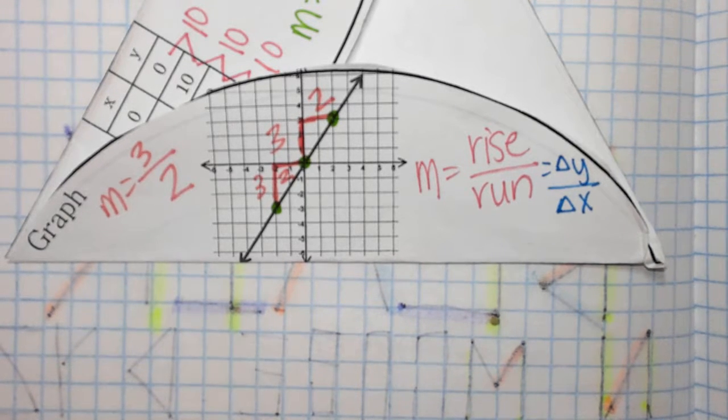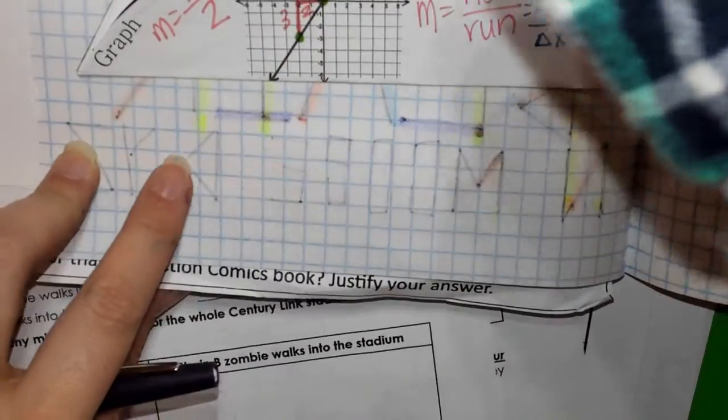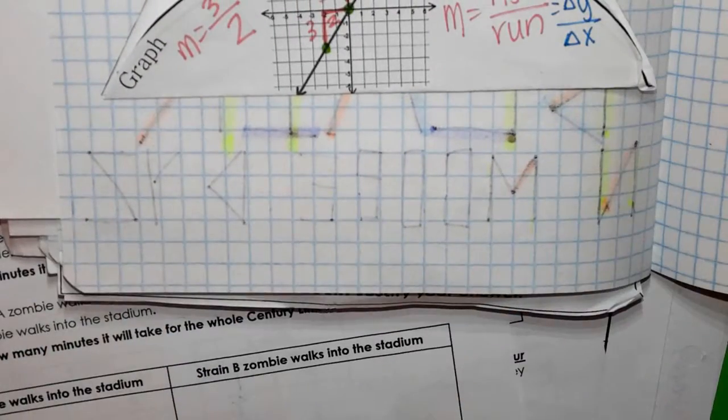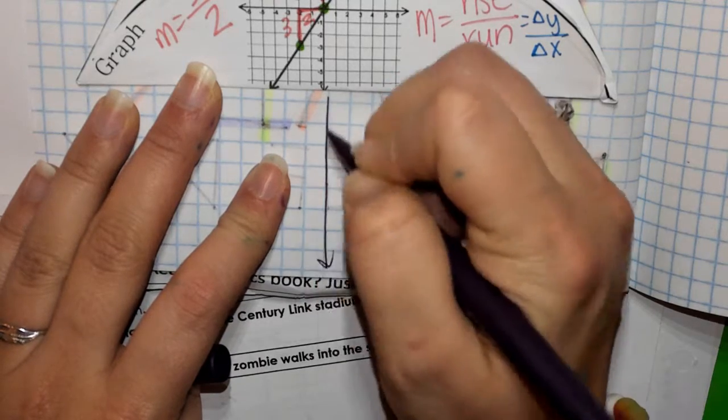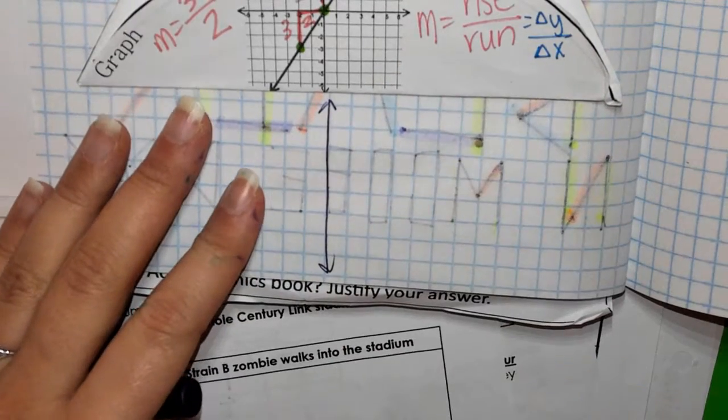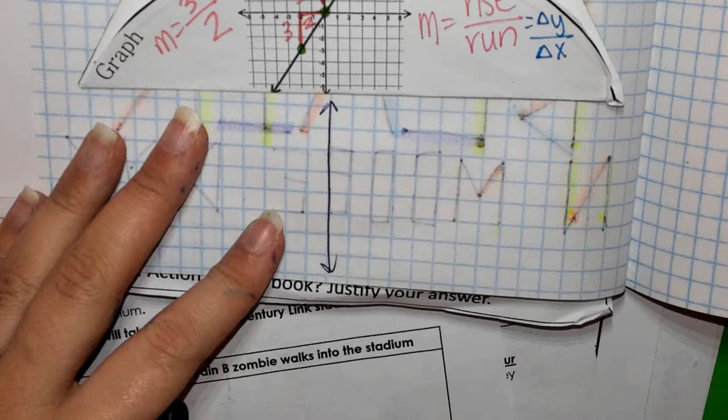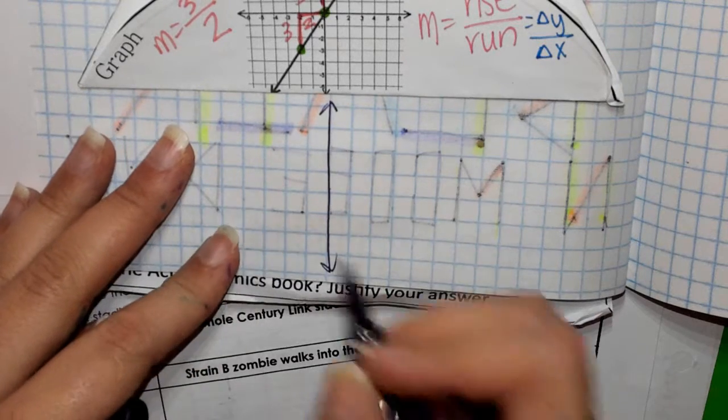Alright, so now we're going to talk about what a negative line looks like. Are we ready? It's the other way. So we're going to draw a graph at the bottom, somewhere on the paper.